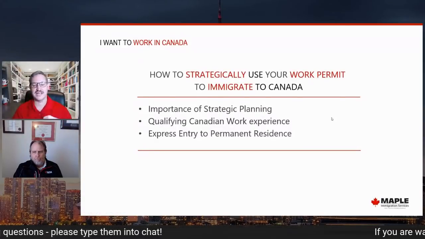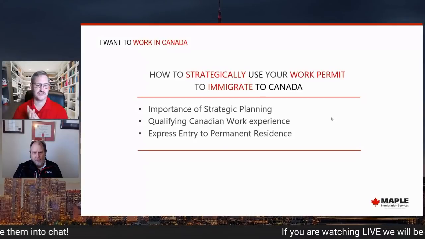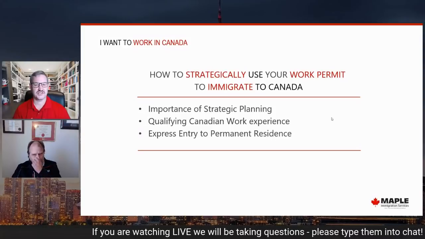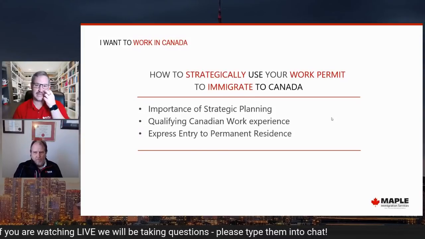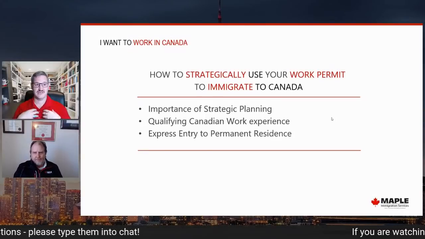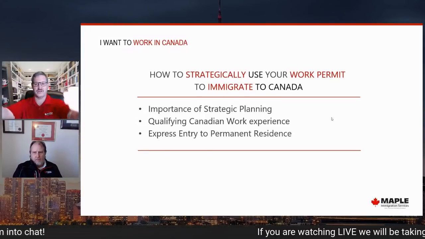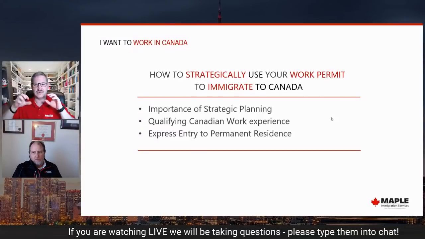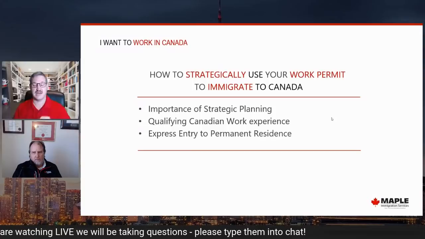This is what I love. I love the word strategic. I love the word strategy, because really what immigration is, is about having an elaborate strategy from the beginning. You'll see me say this all the time: you have to look at where you want to go, and then you work it backwards and figure out what your steps are to get to that goal.